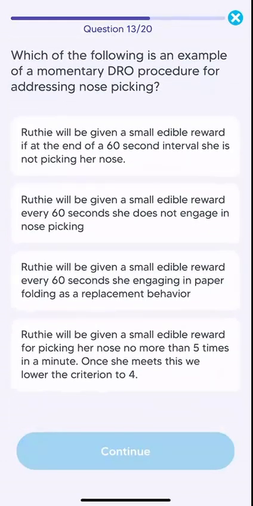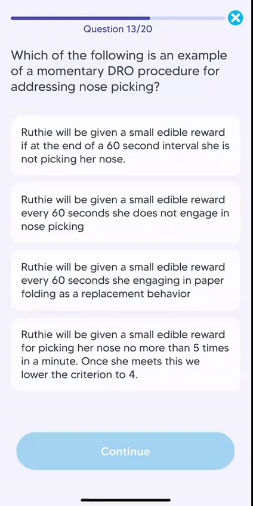Which of the following is an example of a momentary DRO procedure for addressing nose picking? Ruthie will be given a small edible reward if at the end of a 60-second interval she is not picking her nose. Ruthie will be given a small edible reward every 60 seconds she does not engage in nose picking.